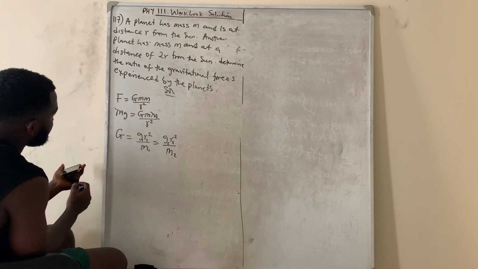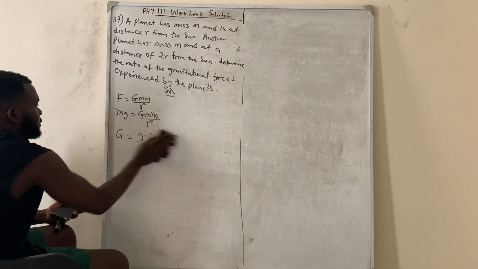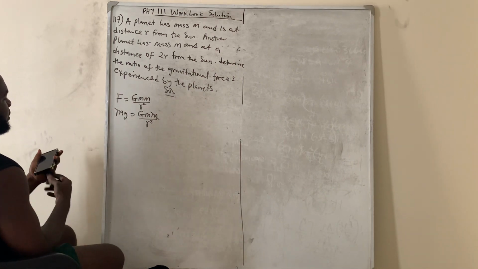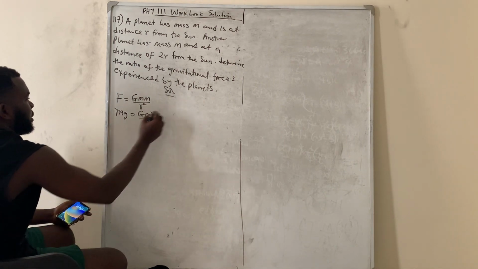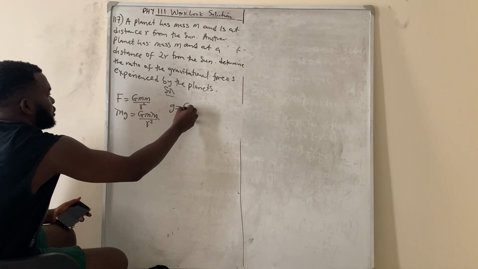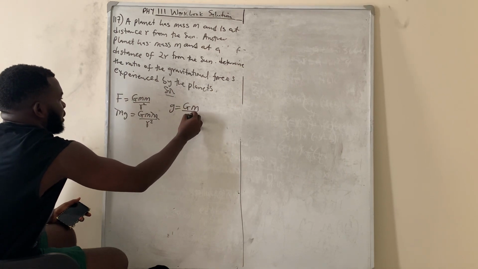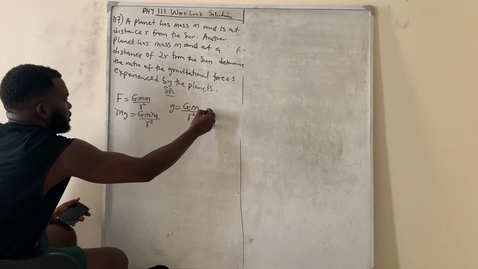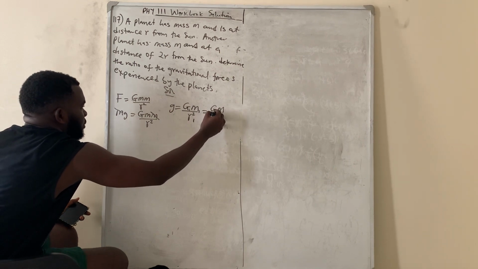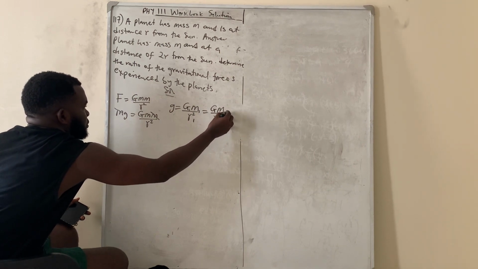Okay, sorry, we are looking for the ratio of the g. So my small g is equal to GM over r squared. g1 is equal to GM over r1 squared, g2 is equal to GM over r2 squared.